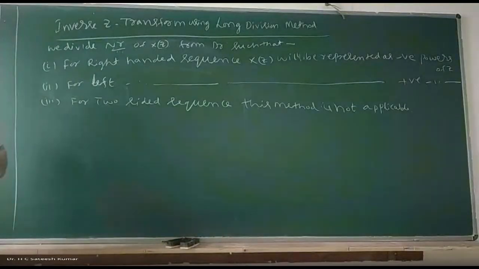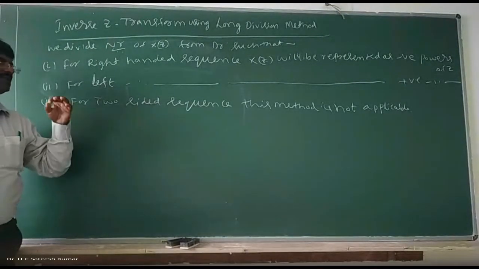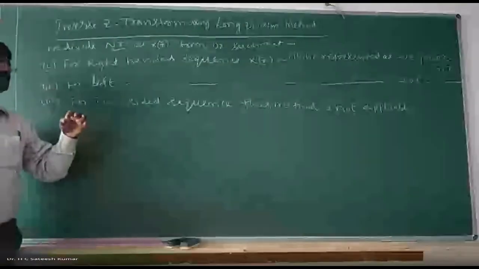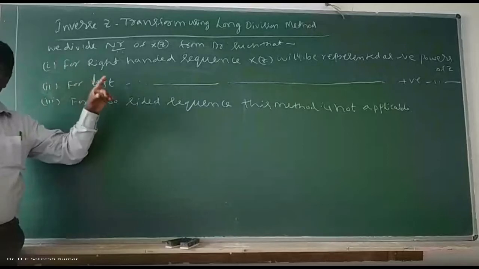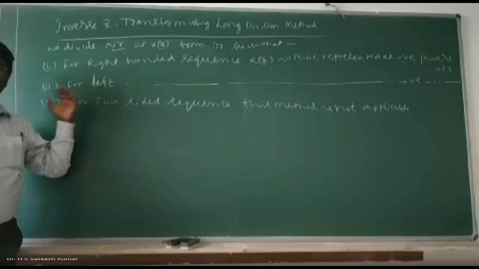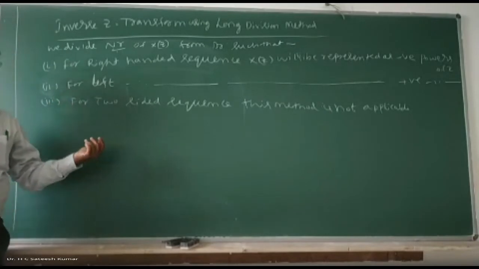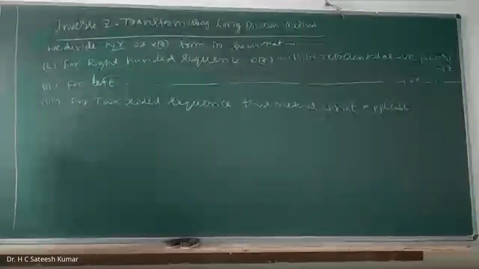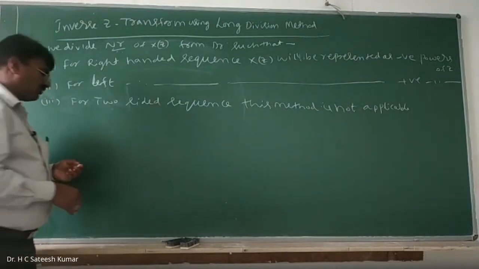So in inverse transformation by the long division method, we divide the numerator by the denominator and we represent X of z as negative powers of z for a right-handed sequence. For a left-handed sequence, X of z is represented as positive powers of z. Then we go for the inverse z transformation. This is the rule to solve the problems.